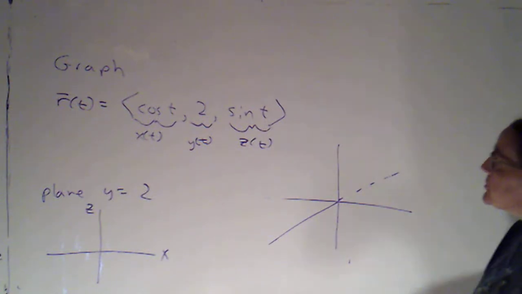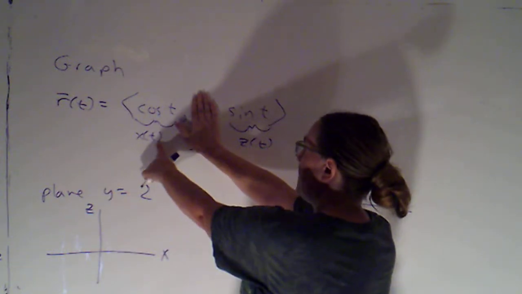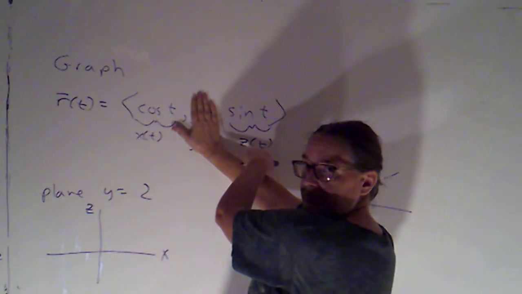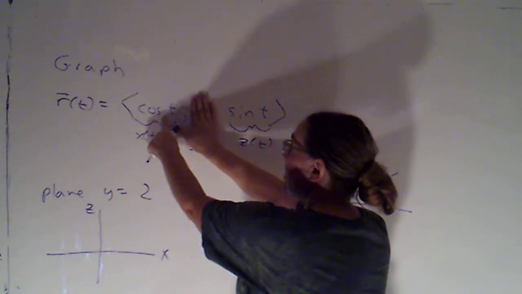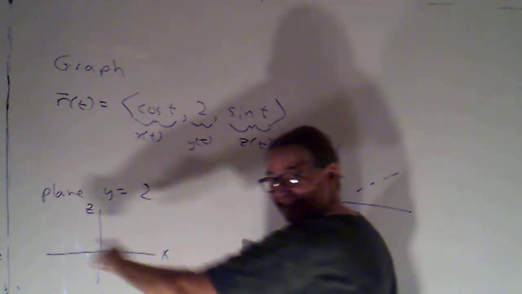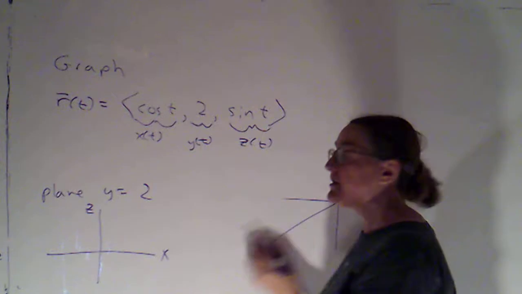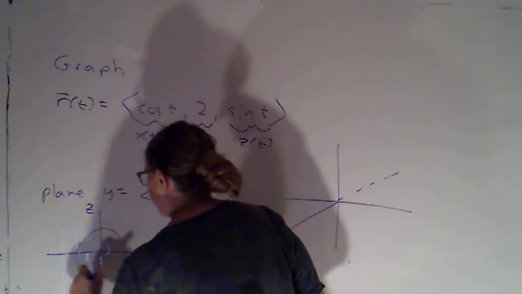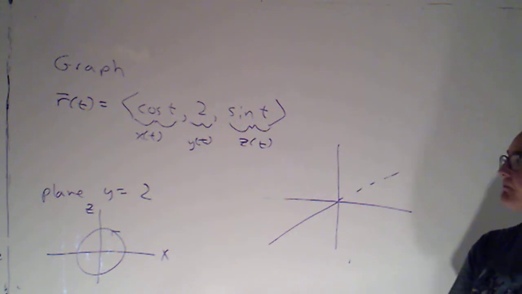Okay, so if I'm in the plane y equals 2, I've just got cosine t, sine t. Looks like the unit circle to me. And notice cosine is for the variable that I have on the horizontal axis, and sine is for the variable that I have on the vertical axis, so that's going to be counterclockwise as I've drawn things right here.